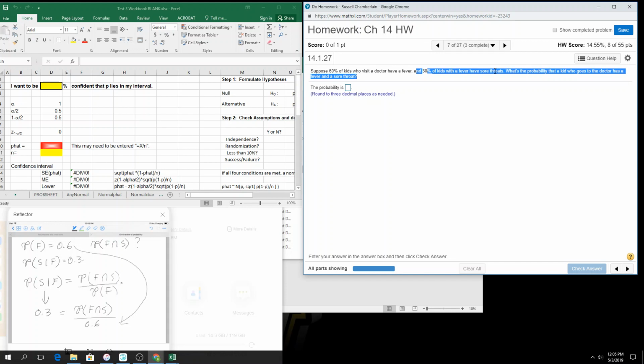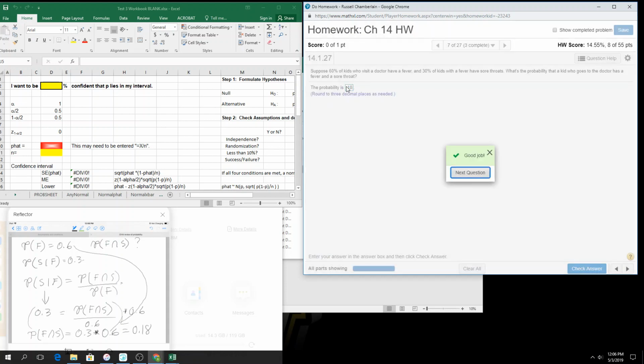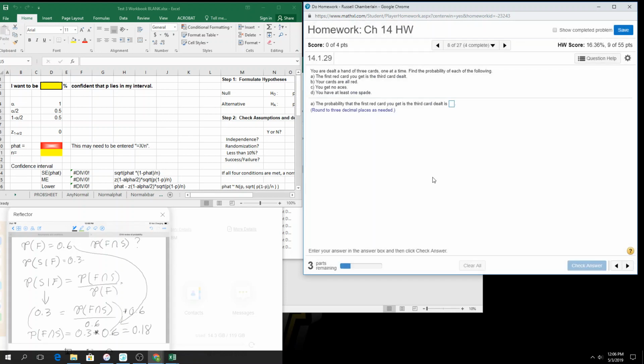Oh, so if I multiply both sides by 0.6, I would have the probability fever and sore throat at the exact same time is 0.3 times 0.6. 3 times 0.6, 0.18. All right. Anybody think it'd be higher? I don't know. I didn't really have a guess on that one. Okay. So important to go through that because I thought it was a nice way to touch on another way to get at things, right?